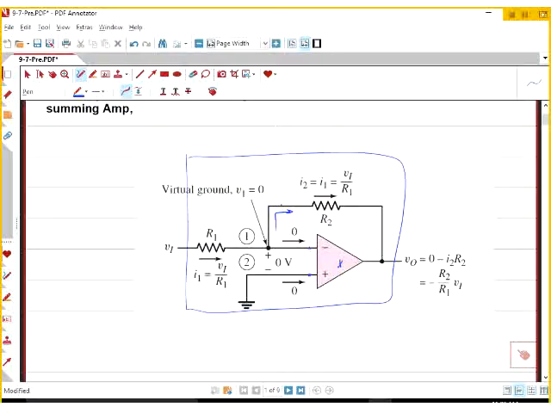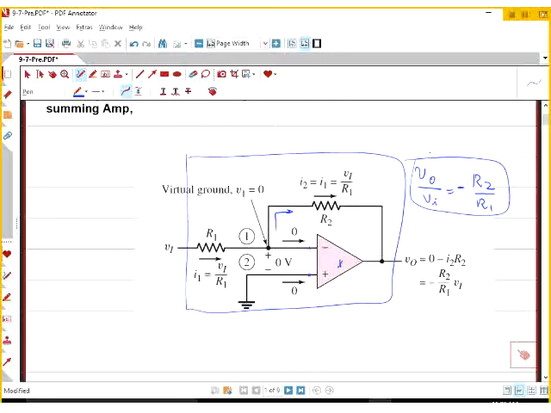And if it's not going to the op-amp, where does it go? It has to go through R2. We wrote the equation and we found that VO over VI for this circuit is minus R2 over R1. And we call this one an inverting amplifier.